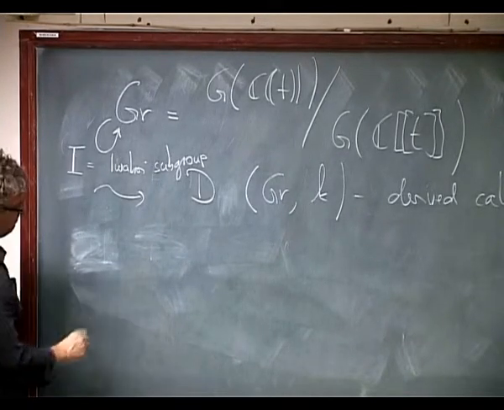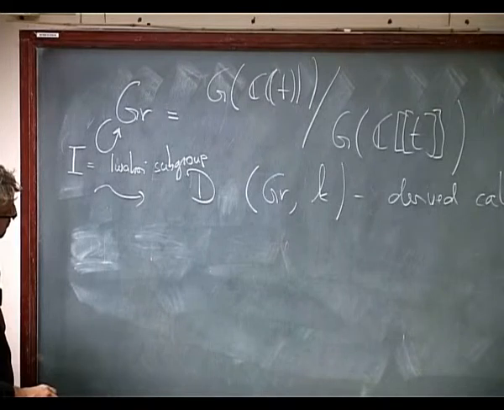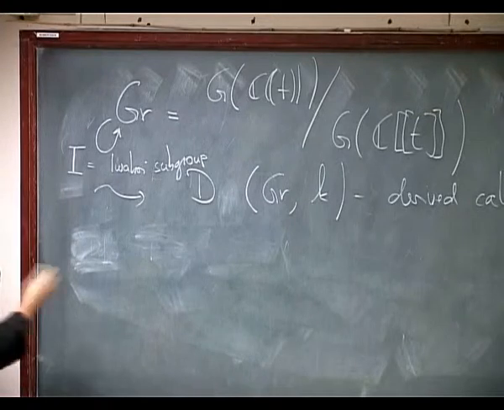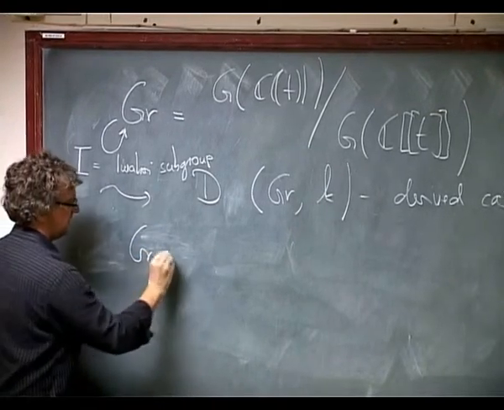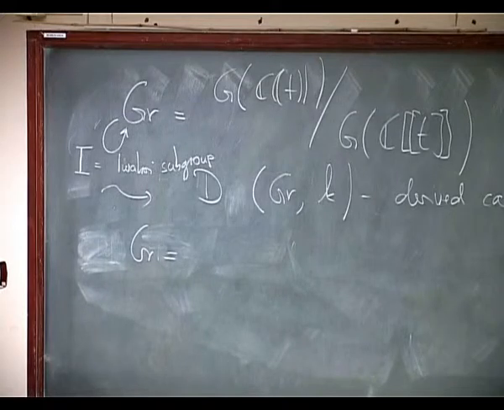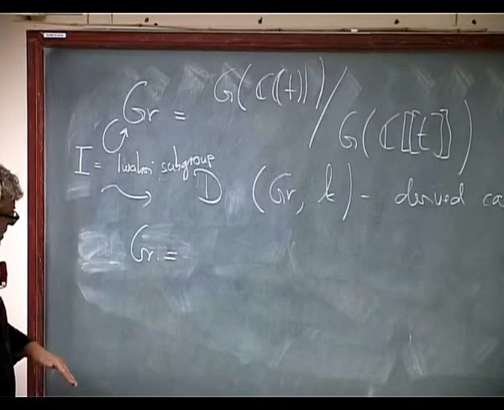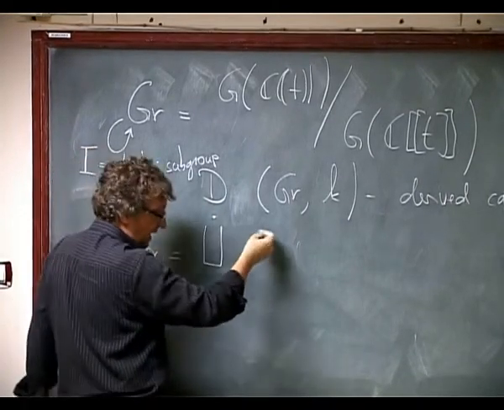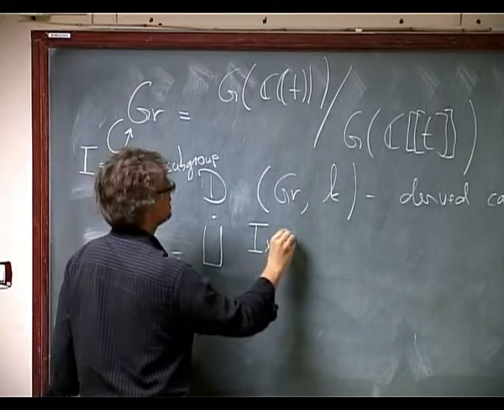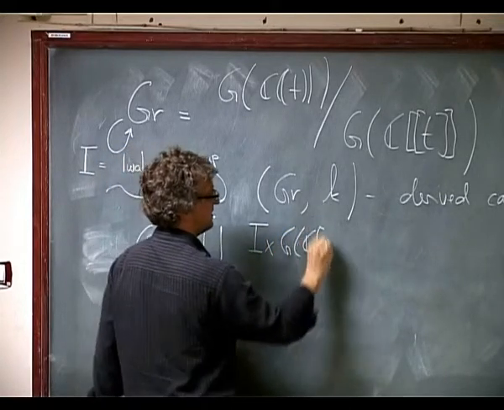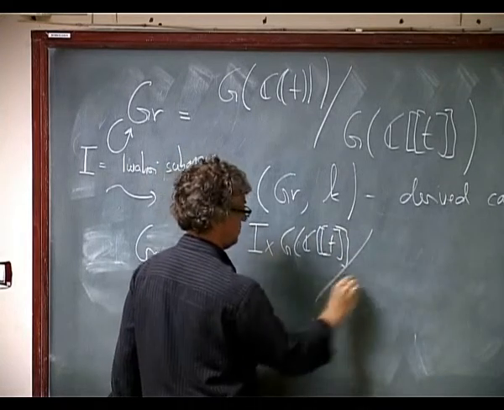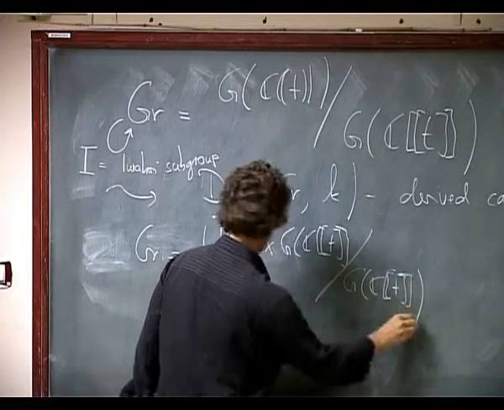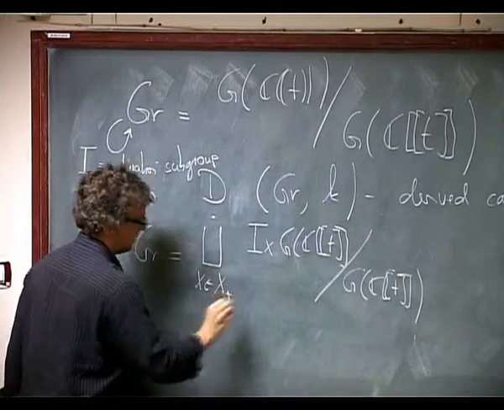So GR, this is a kind of generalized Bruhat decomposition, is stratified by I orbits, I x G C T modulo G C T, and x is a dominant weight.